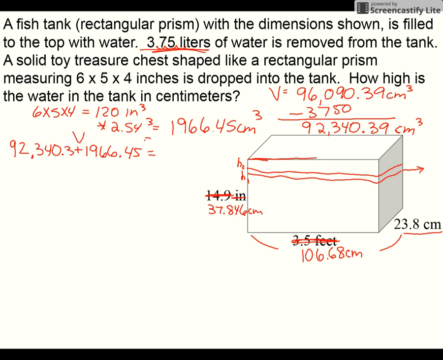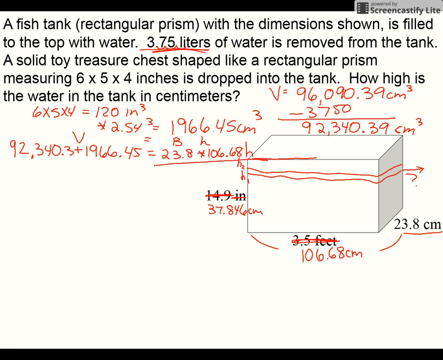And that's going to equal the base area times the height. Over here, the height is a question mark. We don't know what the height is, but I have the base area. All I got to do is multiply the two amounts to equal the base, which are the 23.8 and the 106.68. So I put in 23.8 times 106.68 times H.